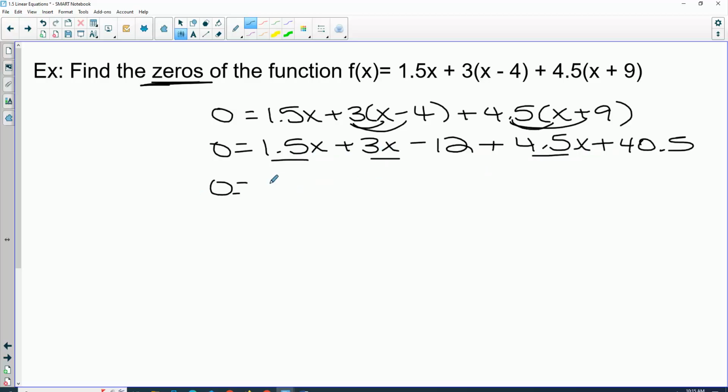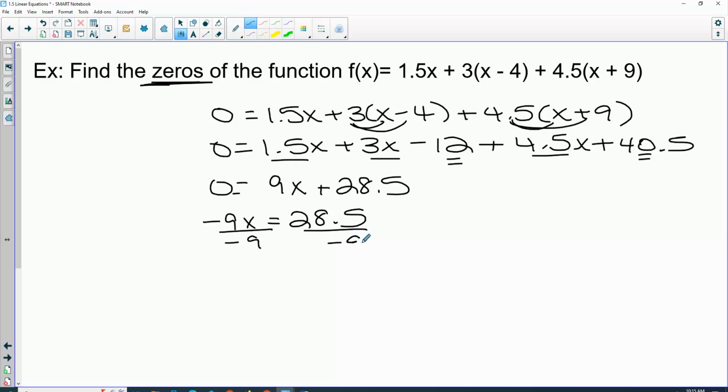What does that give me? Negative 12 plus 40.5. What's that give me? Okay. So bring one of those to the other side. Divide. And what does x equal?